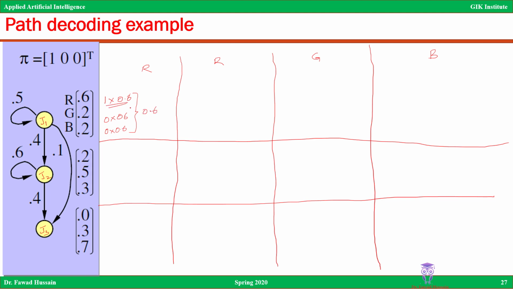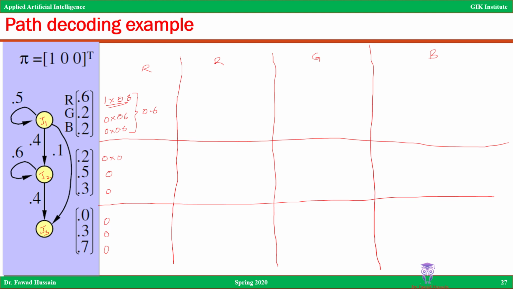Then for this one, because it is J1, this is going to be 0 multiplied by 0, so I am going to have 0 here and 0 here. Similarly, these are all zeros. Why are these zeros? Because I am being told that the initial probability is the first jar, so only this will have a 1, everybody else will have a 0. There is no point doing these multiplications, they are all going to be zeros.